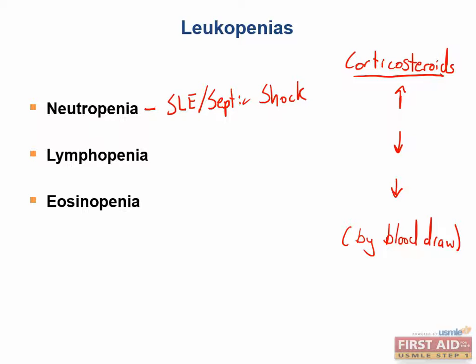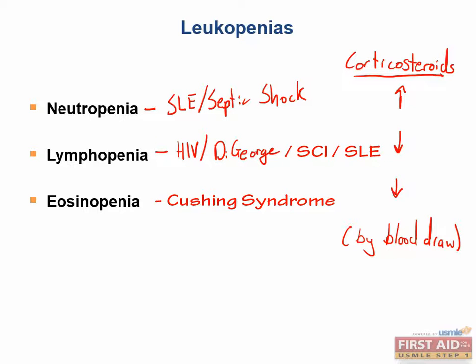Lymphopenia will be seen in HIV, as this virus targets the CD4 positive cells, DiGeorge syndrome, as T cells are unable to mature, severe combined immunodeficiency, with its absence of functional T cells, and SLE from multiple mechanisms. Eosinopenia can be specific for both Cushing syndrome as well as corticosteroid use.